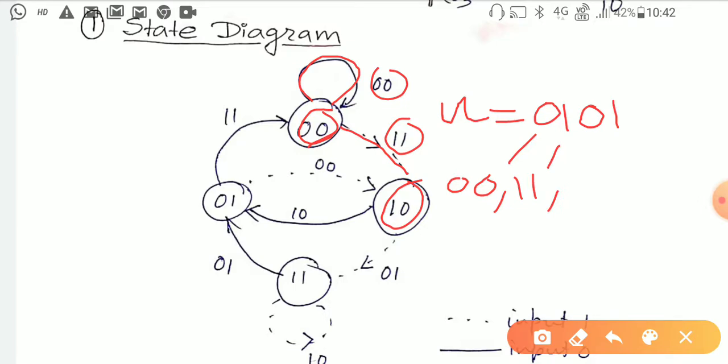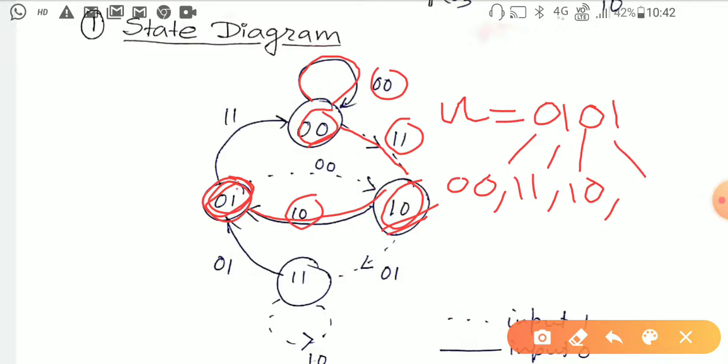Then from next state 1 0, you go due to the input of 0. For the input of 0, the next state is 0 1, and the output is 1 0, so you write down 1 0. From this 0 1 you go due to the 1 input.